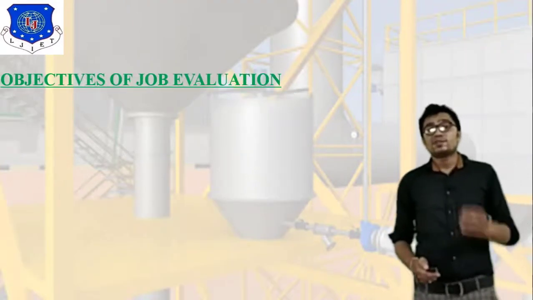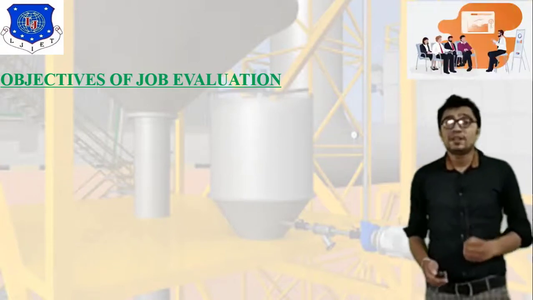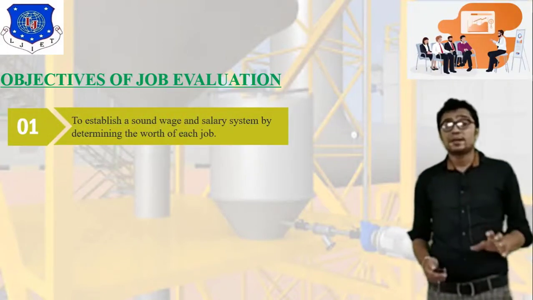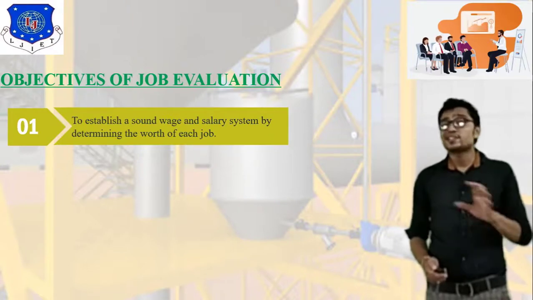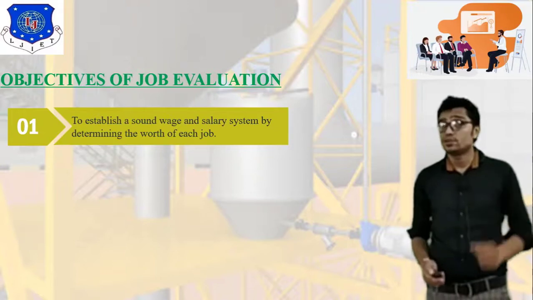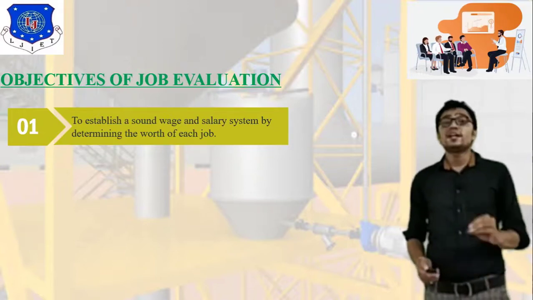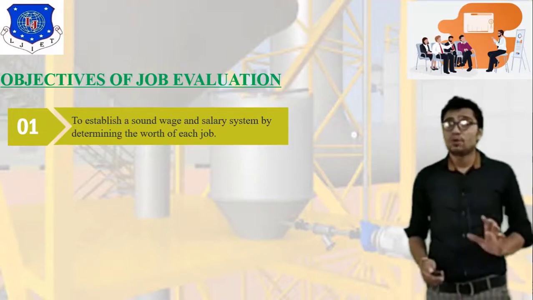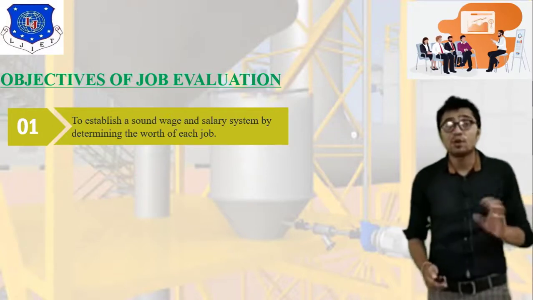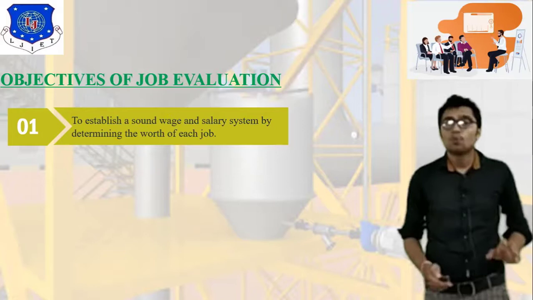Number two, objectives of job evaluation. The first objective is to establish a sound wage and salary system by determining the worth of each job, to clearly identify the salary or wage of that particular worker based on the interview.